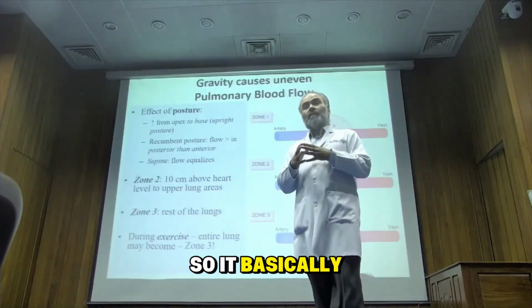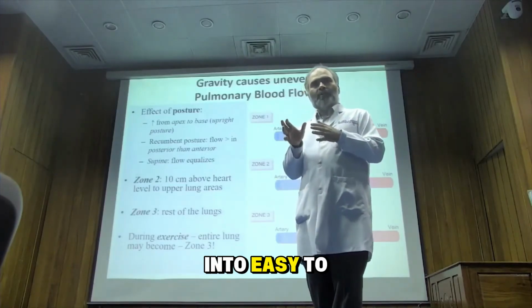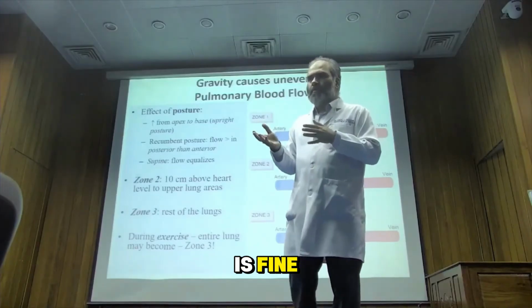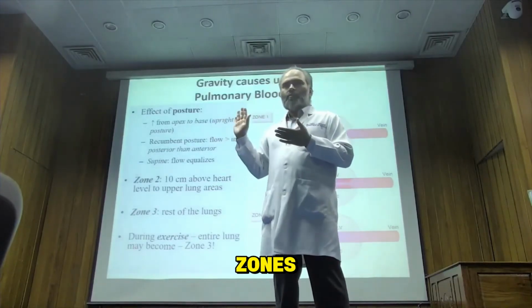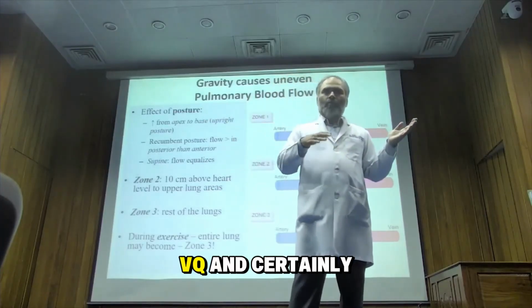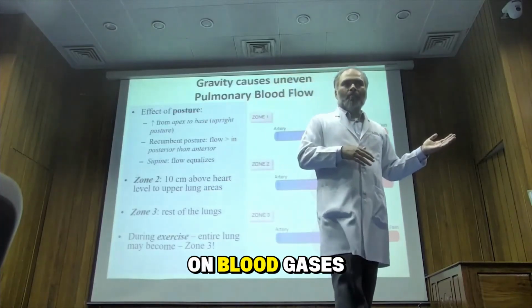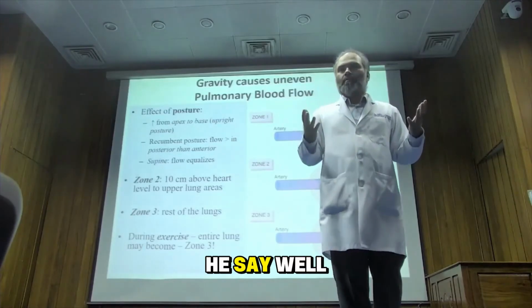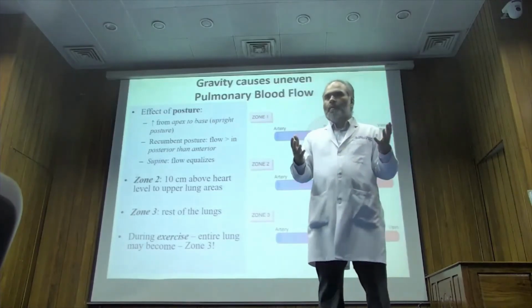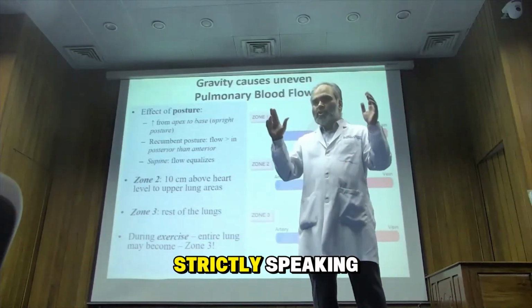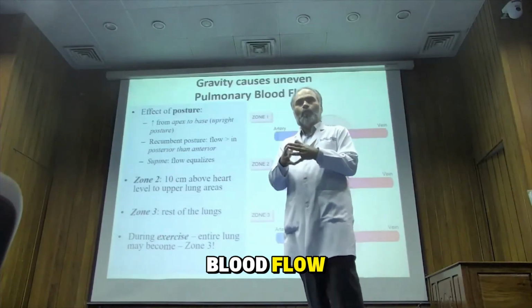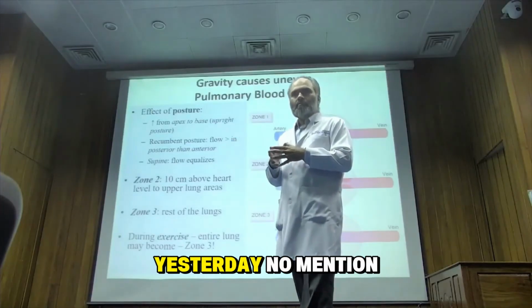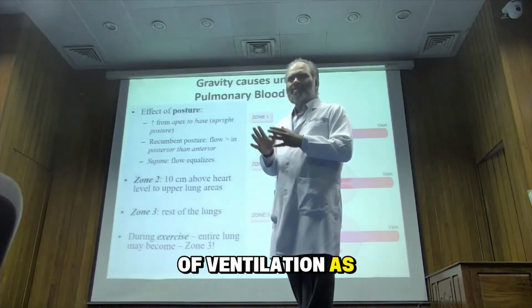So it basically breaks it down into easy to understand components, which is fine. So here in this chapter, he only discusses lung zones, not the implications on VQ, and certainly not the implications on blood gases. So what does he say? Well, he says that lung zones, strictly speaking, are based on the differences of blood flow, like we described yesterday.